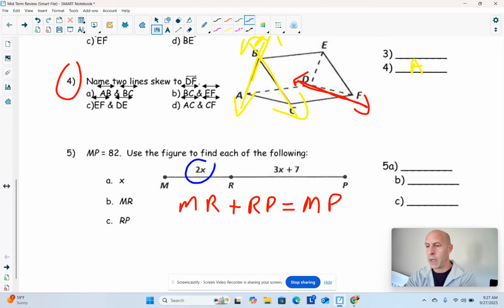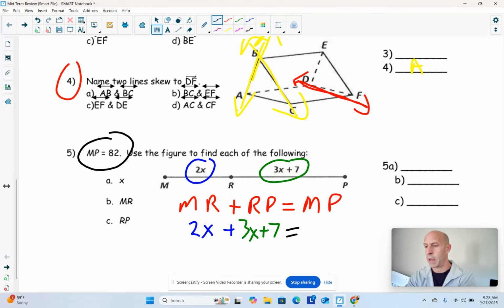What is MR? It's 2x. What is RP? It's 3x plus 7. And what does that have to equal? In the directions it tells us that the length of MP is 82. So this is the equation that you would need to solve to figure out the answer for A, B, and then C.